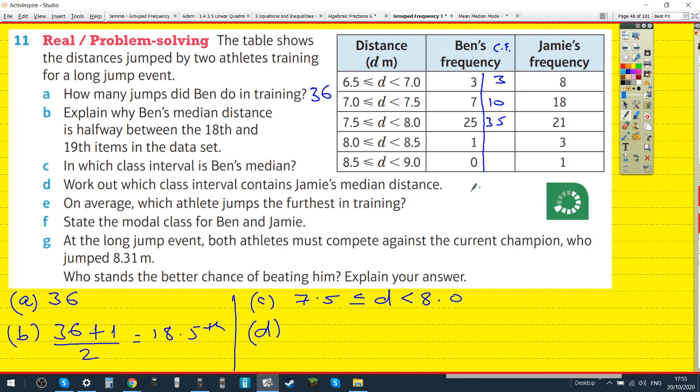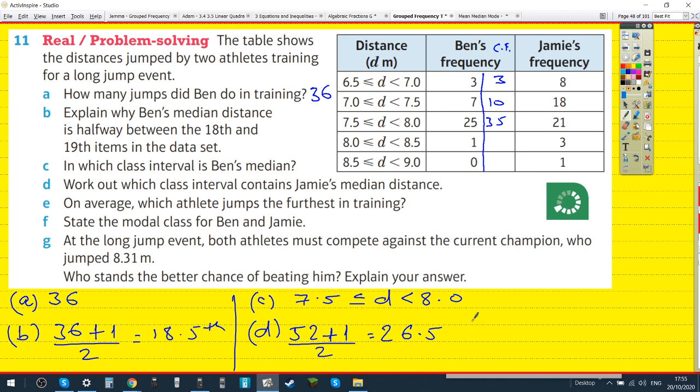Yep. 52 plus 1 divided by 2. So 26.5. Mm-hmm.